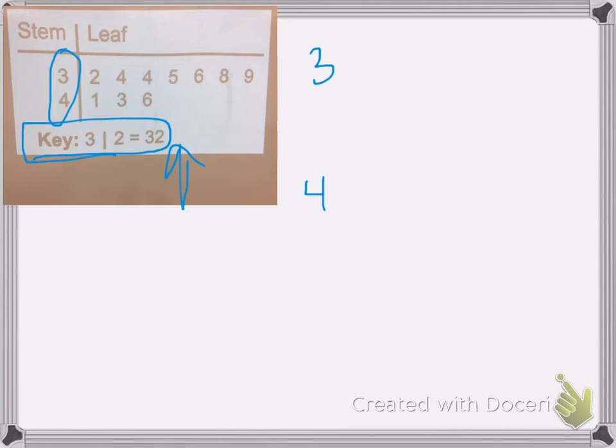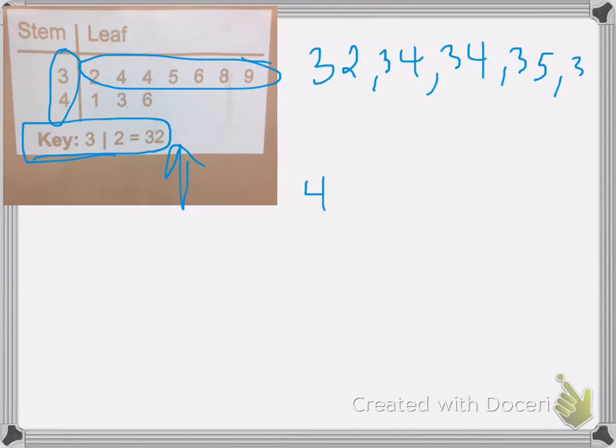Our leaves are our ones places. So we've got 32, 34, 34, 35, 36, 38, and 39. See where the 32, 34, 34, 35, 36, 38, and 39 came from.